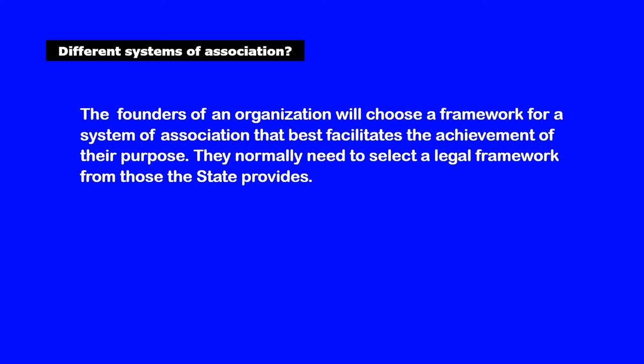The founders of an organization will choose a framework for a system of association that best facilitates the achievement of their purpose. They normally need to select a legal framework from those that the state provides.